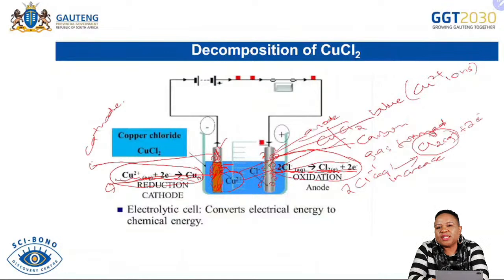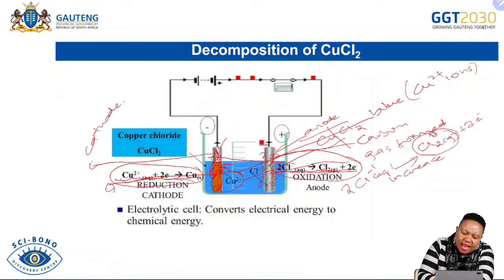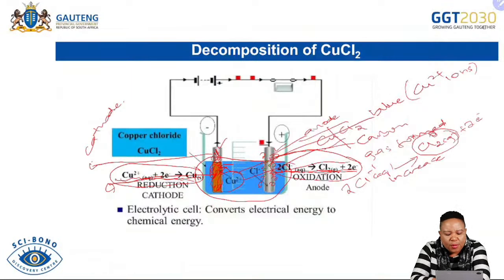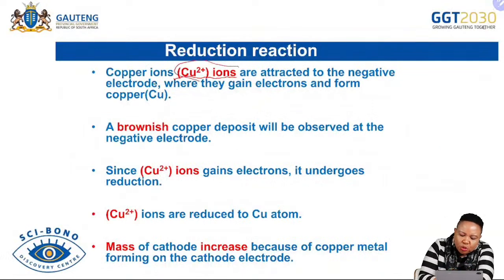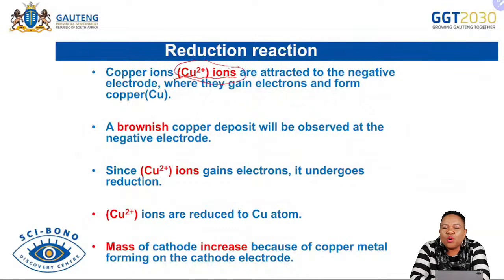Remember, it's not just any copper ion that will make the color blue, but only copper 2+ ions are the ones that make the entire solution blue. Therefore, when we undergo reduction, it means we are going to use the copper 2+ ions as they are going to gain the electrons that are coming from the oxidation side, from the chloride ion side.